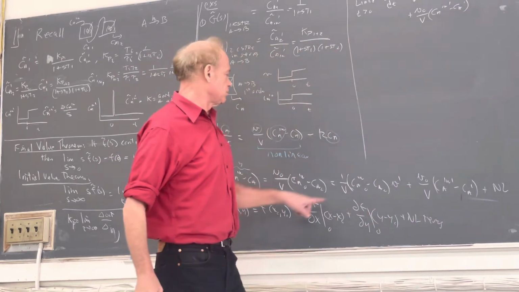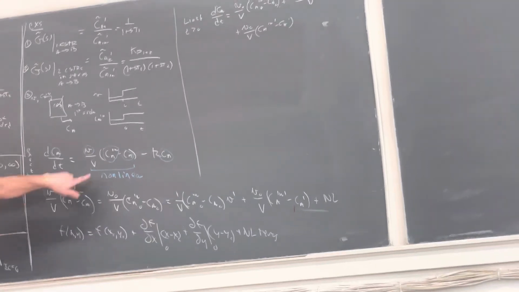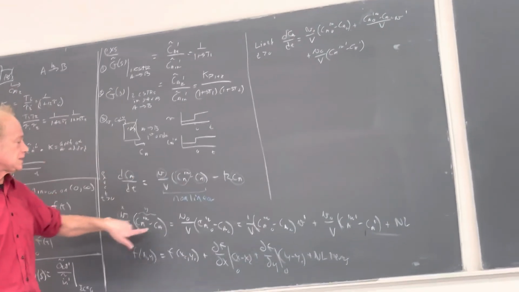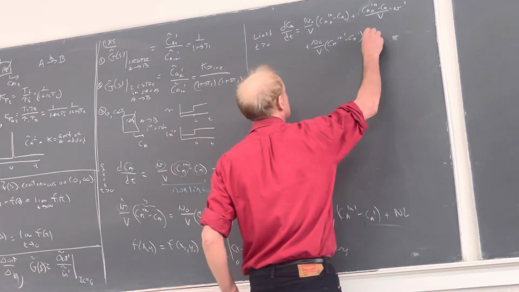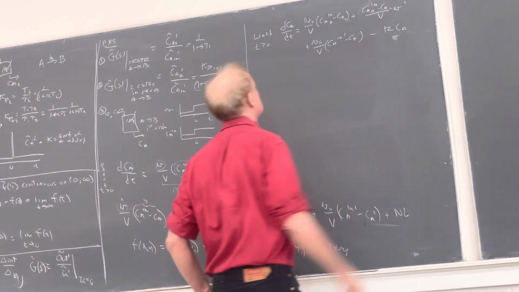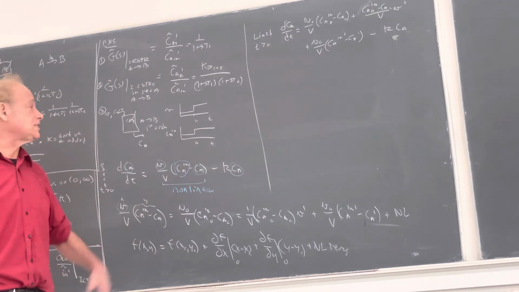So these three terms I just got from here. I just took this term, replaced it by the sum of these three, the linearization, and this comes along for the ride, minus k ca. Clear? Just following the steps.